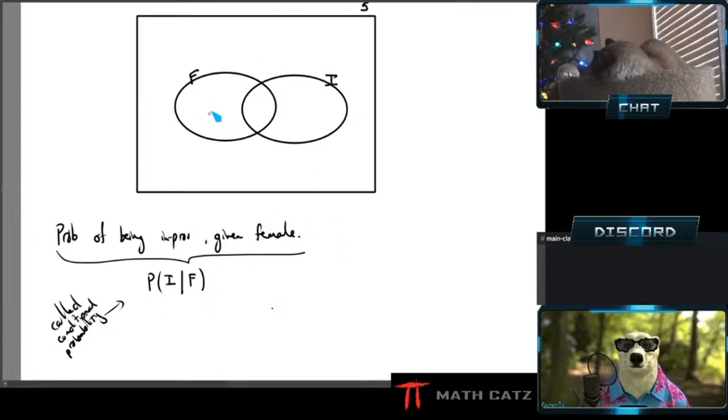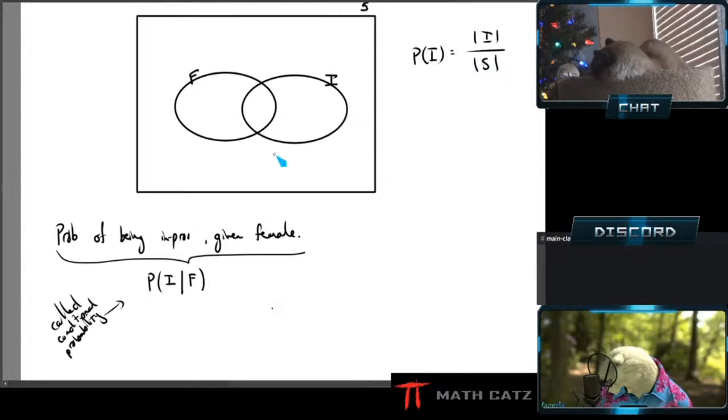What does that mean here? So if I didn't have that, and I just asked what is the probability that the student was in province, I would simply look at how many are in that circle, the I circle, and compare it to everything.